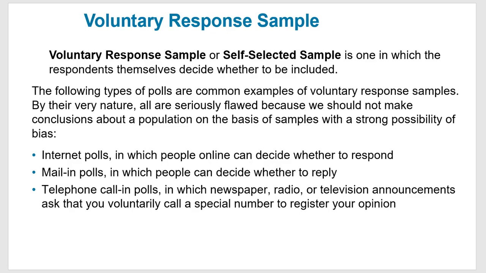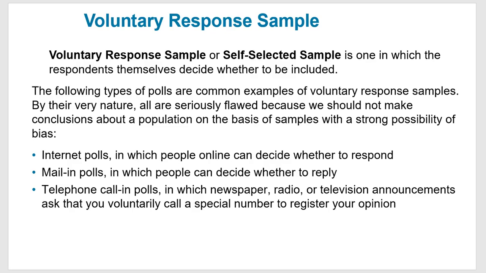Voluntary responses. When you're taking a survey, you want to be careful that you're not using just voluntary responses, just people who want to participate. That can cause bias. If you're giving a survey about a certain topic, some people won't reply just because they don't want to deal with it. Some people will because they're very passionate about it.